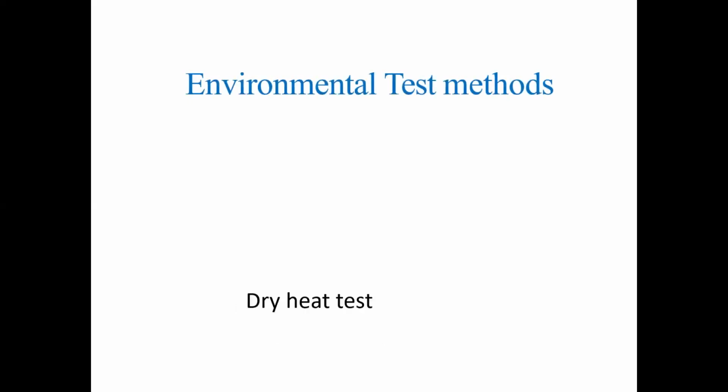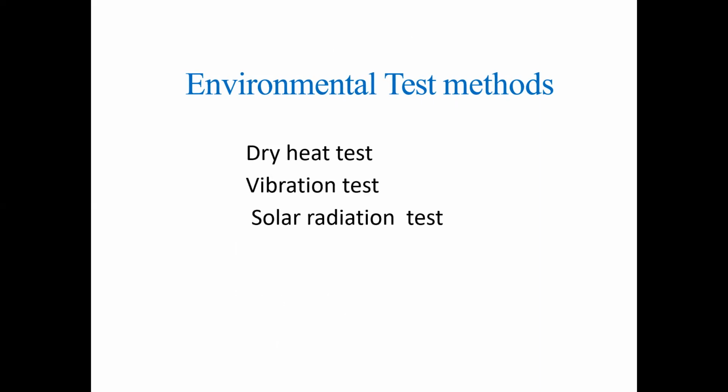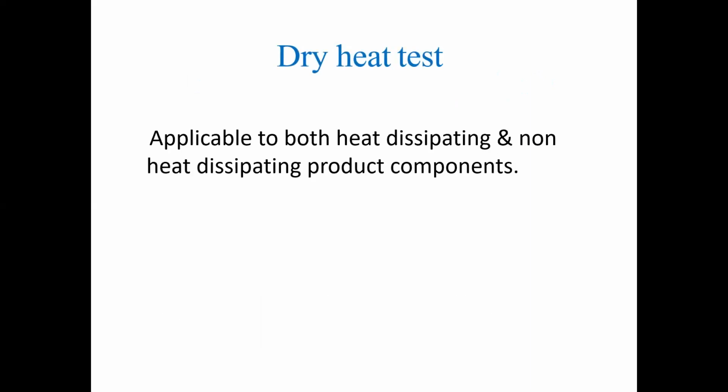Environmental test methods are dry heat test, vibration test, solar radiation test, bump test, altitude test. These are the environmental testing. Here the dry heat test is applicable to both heat dissipating and non heat dissipating products or components.